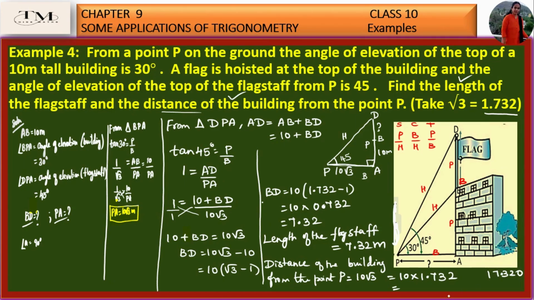So it is 17.32 meter. So length of the flagstaff equal to 7.32 meter. Distance of the building from the point P is 17.32 meter. So if the value of root 3 is given, you have to substitute the value of root 3 and write the answer.